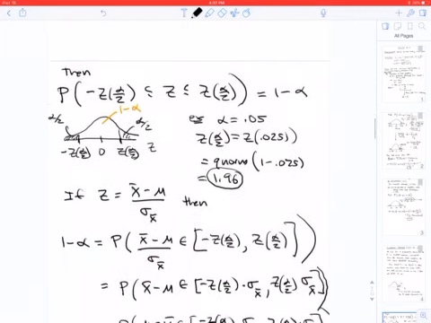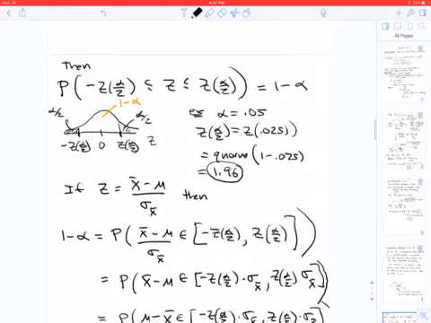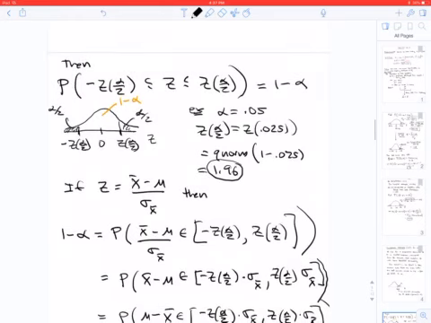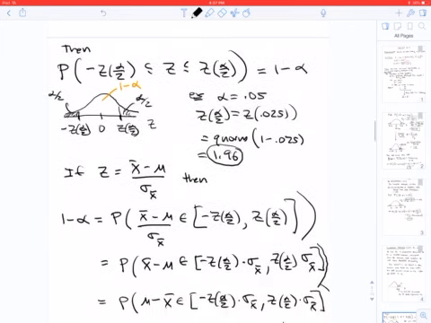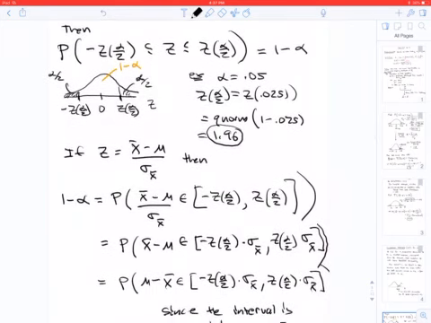We now move to the specific situation where our parameter is mu. We're going to normalize x bar, our sampling distribution, which is unbiased.